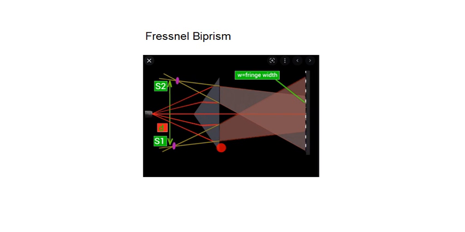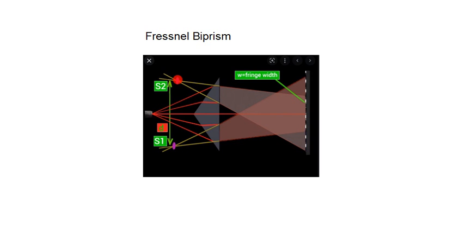Now what happens when such a biprism is illuminated by the source of monochromatic light, then the light coming from the two halves of this biprism appears to be coming from the two virtual sources. Remember, these are virtual sources, means they are not real sources.